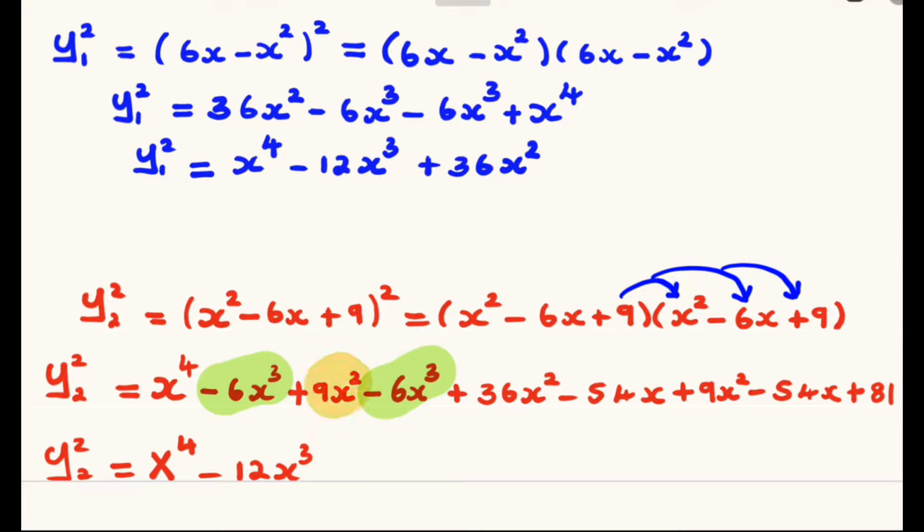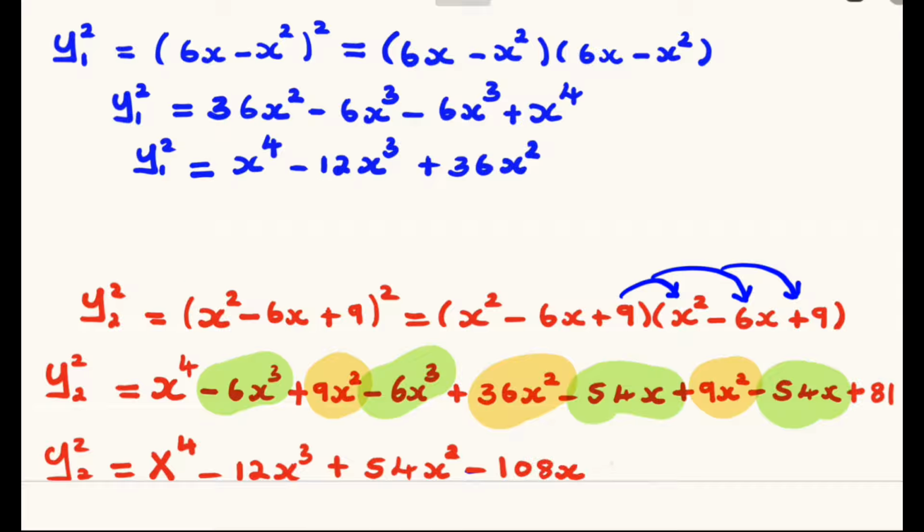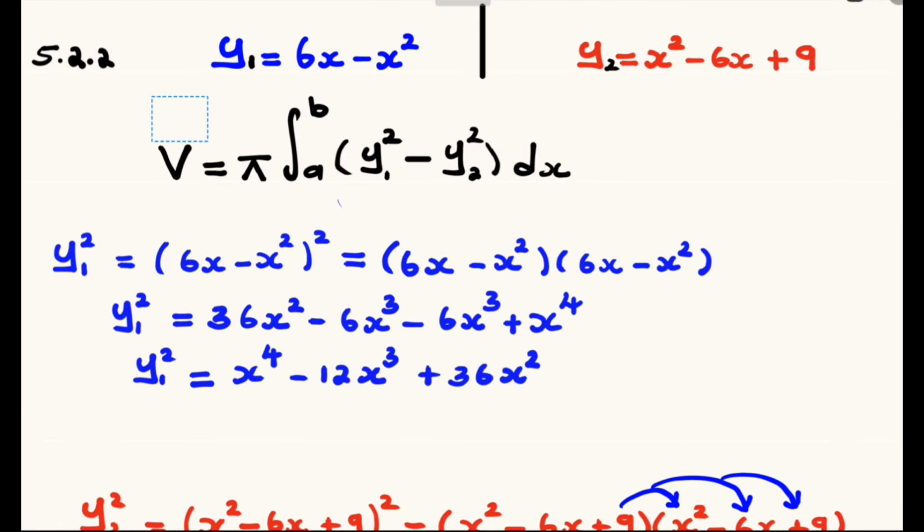The 9x squared plus the 36x squared plus the 9x squared will be equal to positive 54x squared. Negative 54x minus 54x is equal to negative 108x plus the remaining 81. So now we have y2 squared.